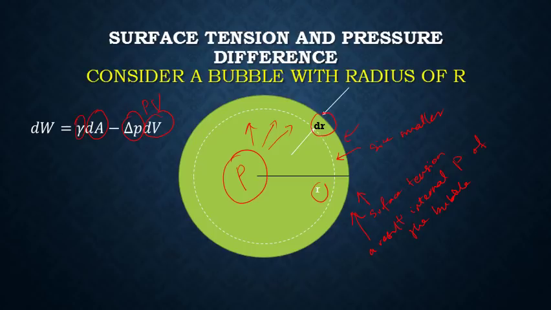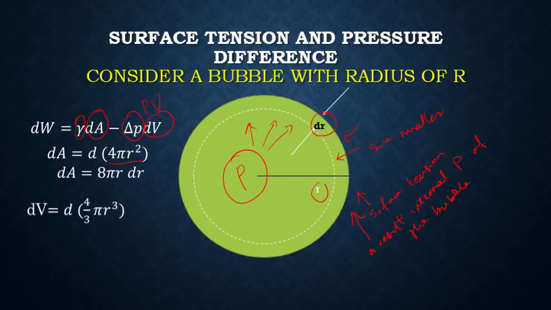So how can we find dA? As you know, the surface area of a sphere is 4 pi r squared. So dA is the derivative of 4 pi r squared, and performing the calculation, it will be equal to 8 pi r dr. How about V?